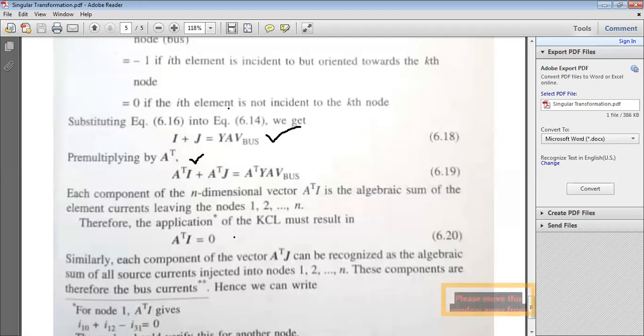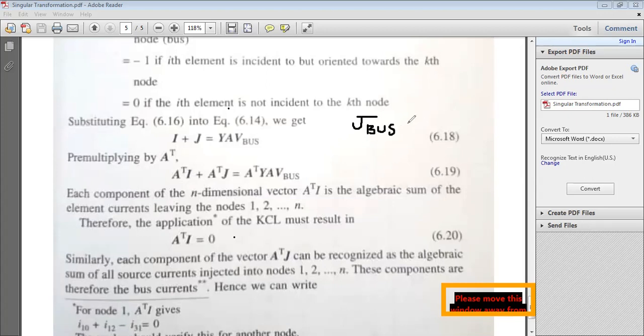So finally, if you clearly see this, A transpose into J can be considered as J bus, which is equal to A transpose into Y into A into V bus.